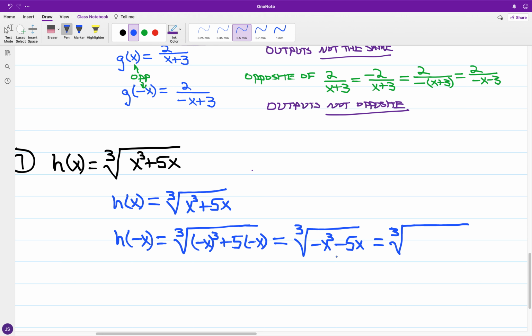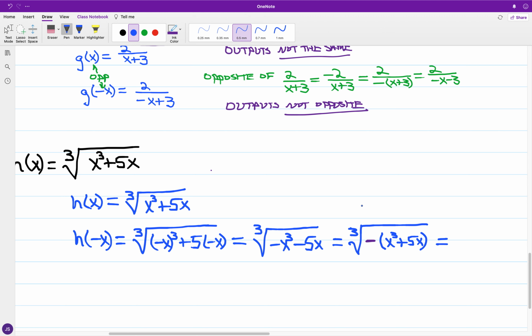And now for negative x cubed minus 5x, if I factor out the negative, we get the negative of x cubed plus 5x.